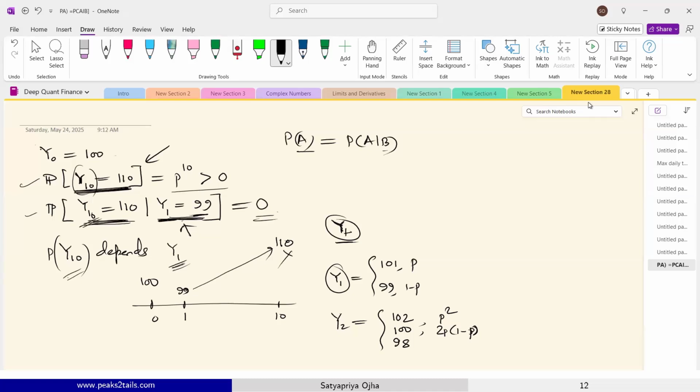Yes. Because plus 1 minus 1, minus 1 plus 1. There are 2 paths to reach 100. So 2 times P times 1 minus P. And this one, 1 minus P twice. Down probability.